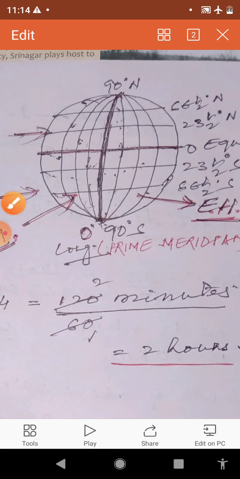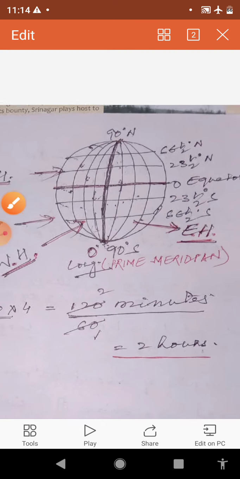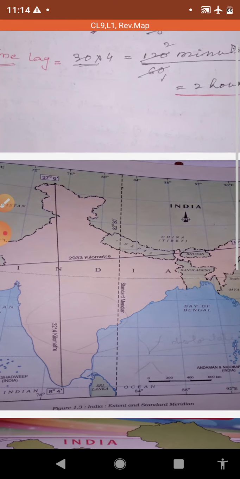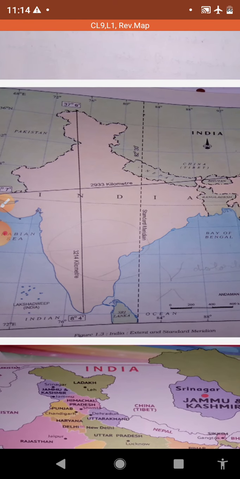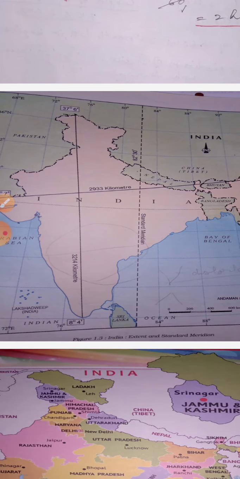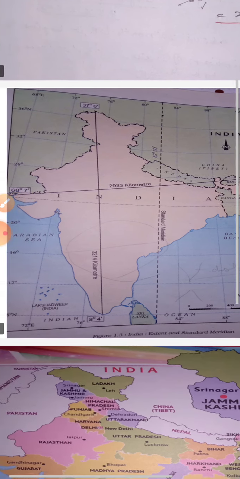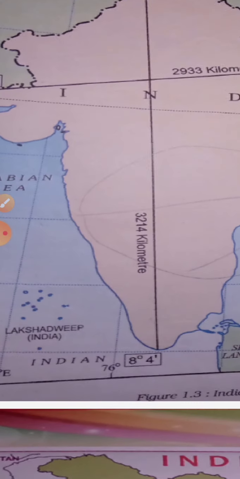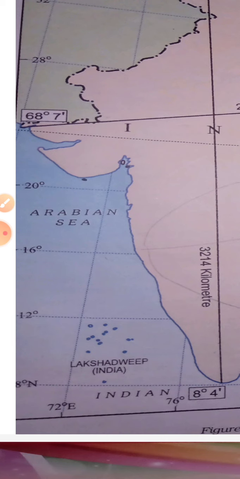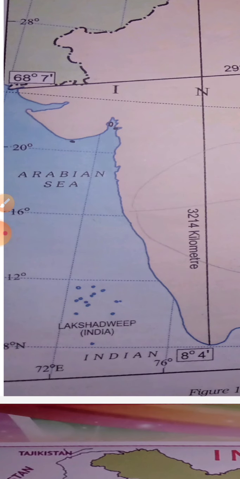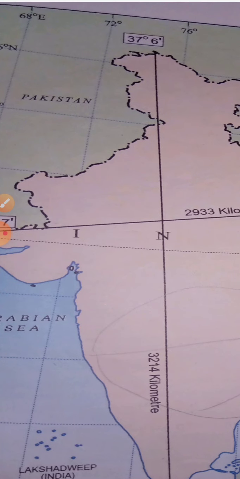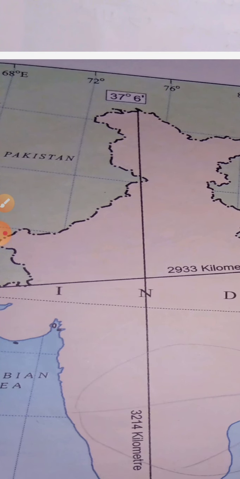Now let us discuss the latitudinal and the longitudinal extent of our country. If you see the map, with regard to the latitudinal extent of our country, it is in between 8 degree 4 minute north to 37 degree 6 minute north.